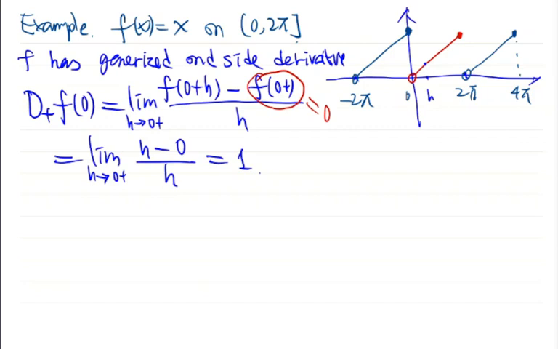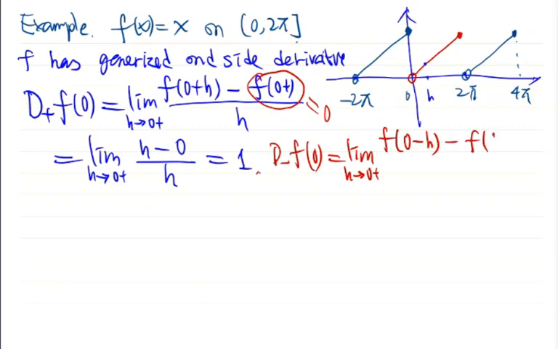Similarly, you compute the left derivative at 0. That is the limit as h goes to 0 of f(0 minus h) minus f(0 minus), one side limit. Okay, now what's this? f(0 minus h) is minus h, right?